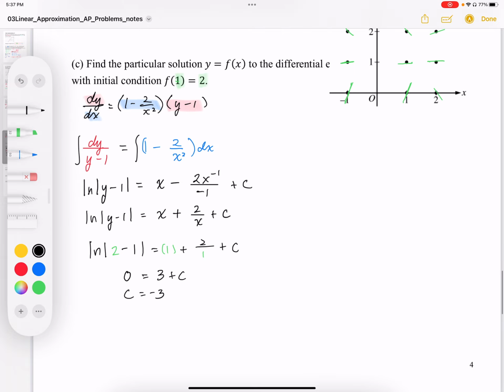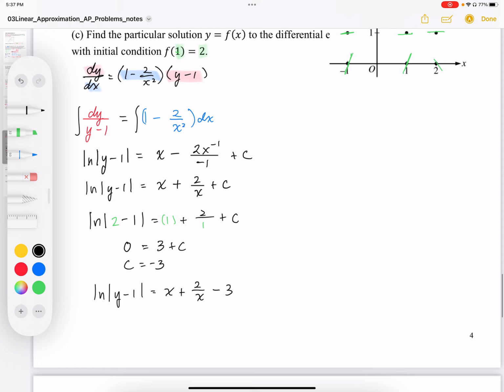I can write that equation now as log of y minus 1 equals x plus 2 over x, and then the c works out to be minus 3. Okay, so I can rewrite this getting rid of the log. I can get rid of that log with an e.